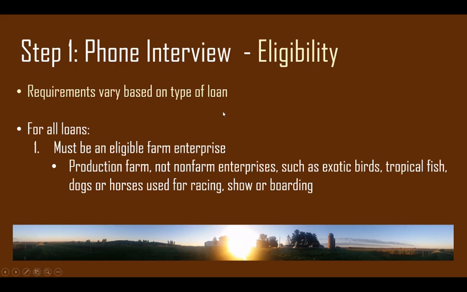So you must be a production farm and not have non-farm enterprises like exotic animals or horses for racing, show, or boarding. If you're farming and you're using horses, that's a different thing. But your farm enterprise must be a production farm producing something that people are buying for food.